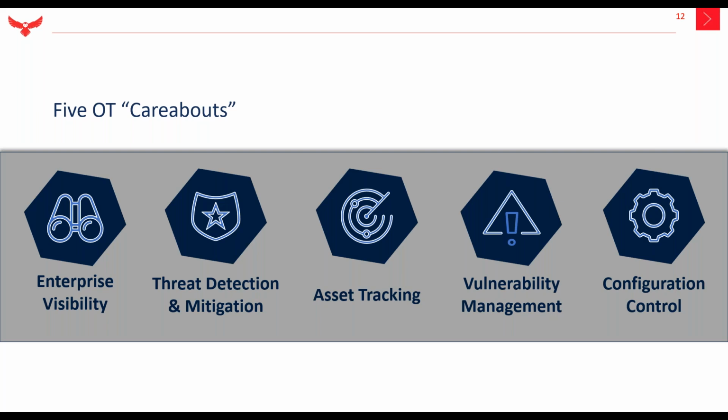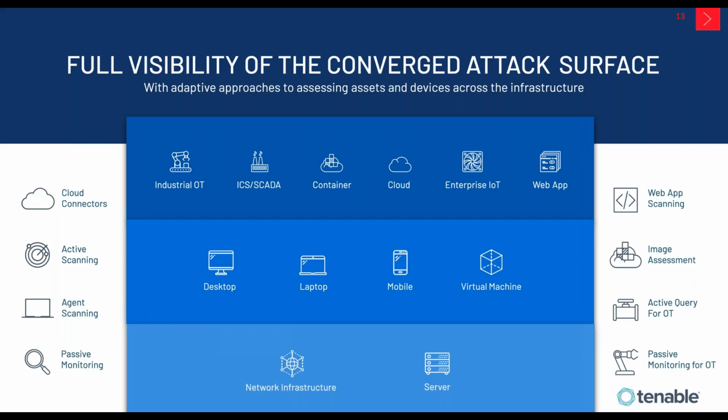Do they have the appropriate visibility? Are they able to detect threats and mitigate them? Are they able to track all of the assets in their network? In some cases, those assets can be over 10 years old. When vulnerabilities are announced, do we know about them and what do we do about them? And of course, can we control our configurations? We'll talk more about this in a couple of minutes.